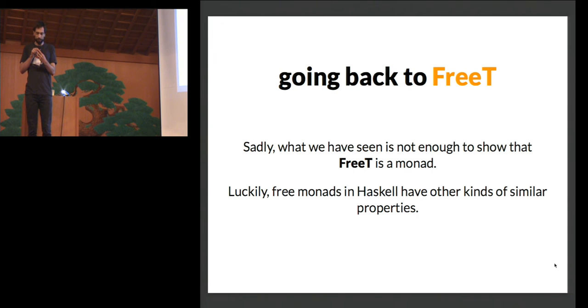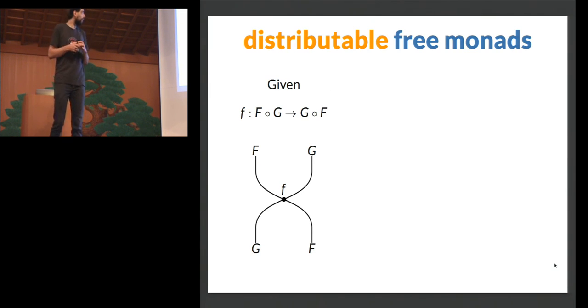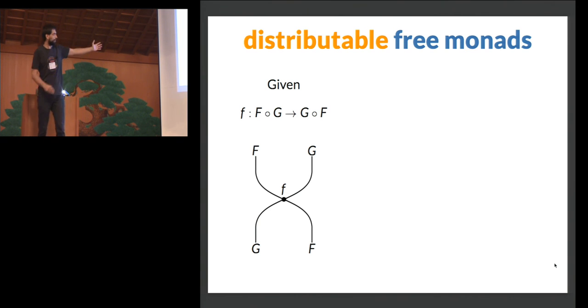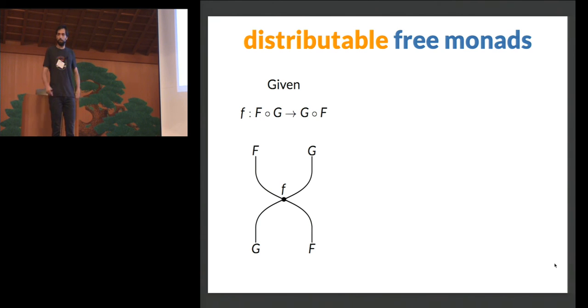One has to do with something that Dominic was talking about, that is distributivity. Imagine we have this thing, which distributes functor f over g. It has two incoming edges and two outgoing edges, and we can find such functions like the sequence function, or the traversable class.